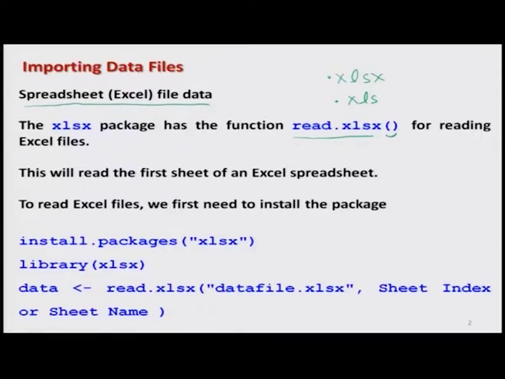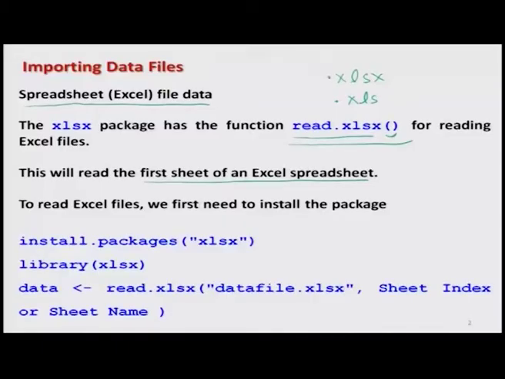But when I use this command, it is going to read only the first sheet of the Excel spreadsheet. When we create an Excel file, it is possible to create different sheets inside the same file.